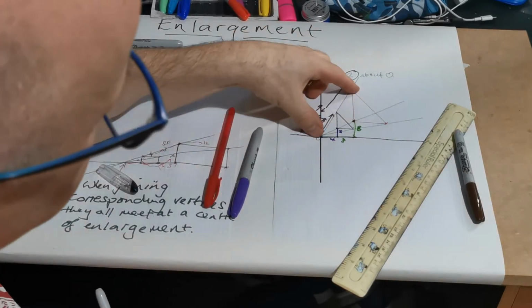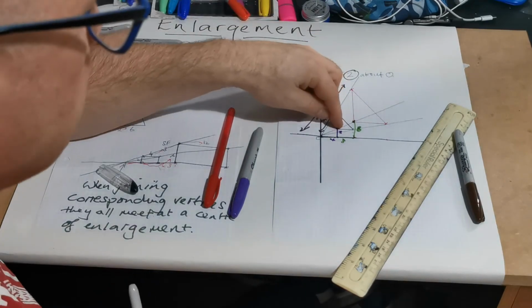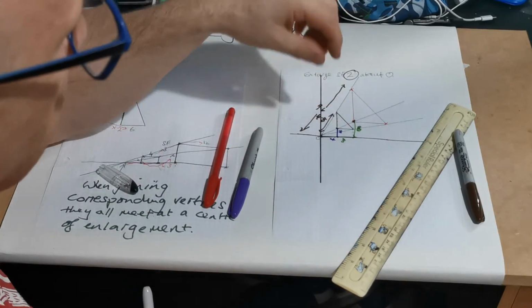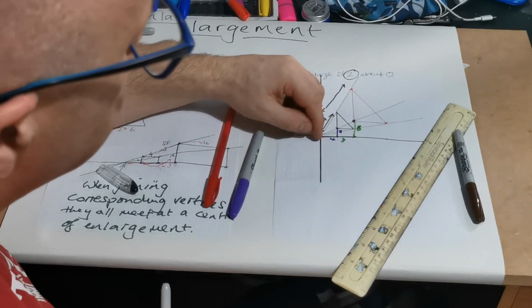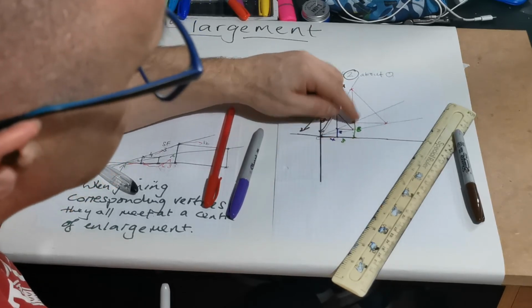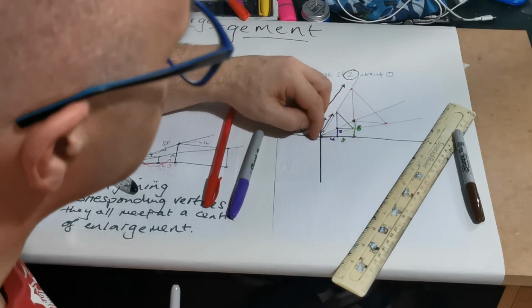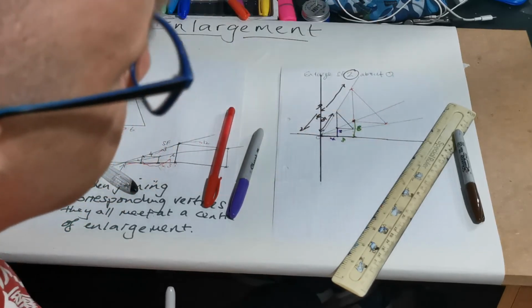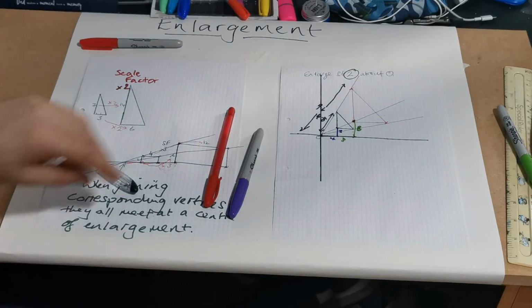Measure the distance, double it, and that'll give you where the one in the image is. Remember, this is the object, this is the image. Or you can do it by squares 4 and 3, double that to give me 8 and 6. And again, this one was 8 and 3, so I'd be 16 and 6. Okay, hopefully that's not too confusing.